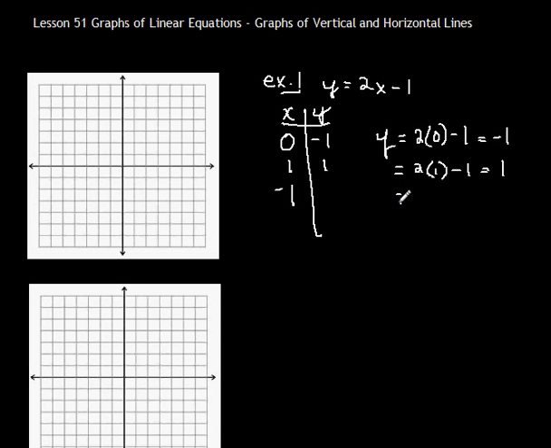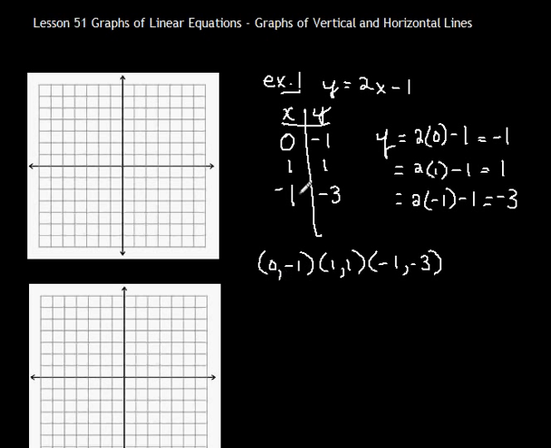And then finally I'm going to put the minus 1 in there. 2 times minus 1 would be minus 2, minus 1 would be minus 3. So those would be our 3 points. These are our ordered pairs. You could rewrite them like this, but we don't need to. These are the values that make this true. There's an infinite number of ordered pairs that you could pick on this line.